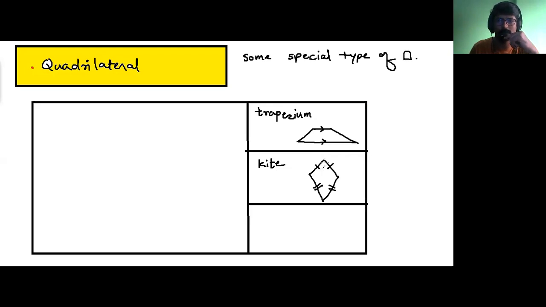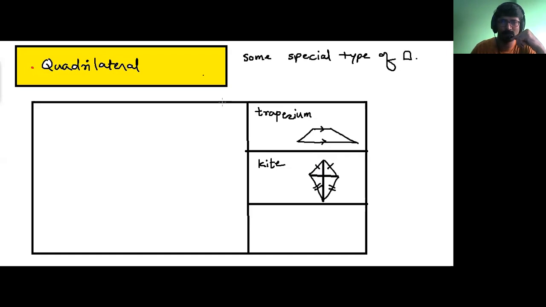Now, what are the properties of the kite? These two adjacent sides are equal, and if we draw the diagonals, the long diagonal is perpendicular to the shorter one, and it bisects the shorter one. We are going to see everything in detail.